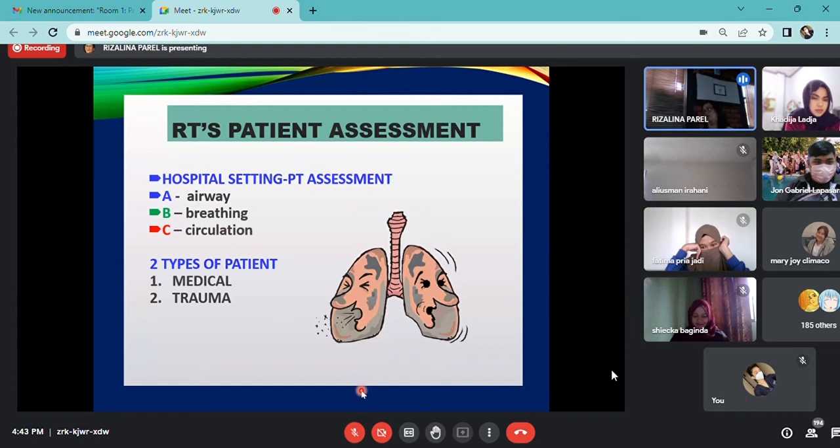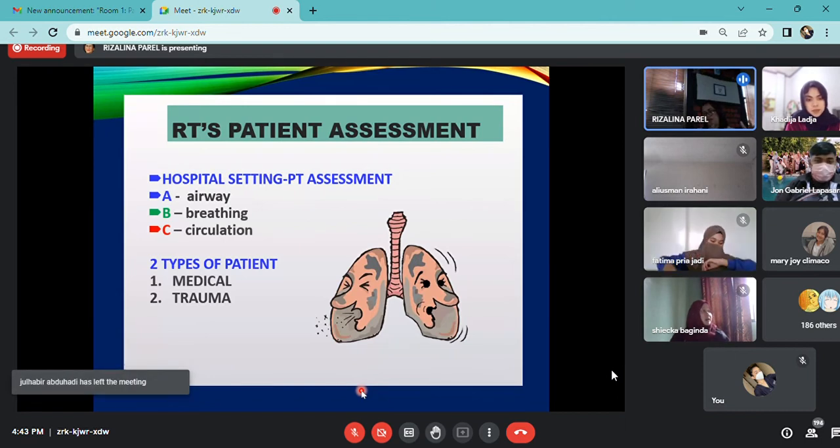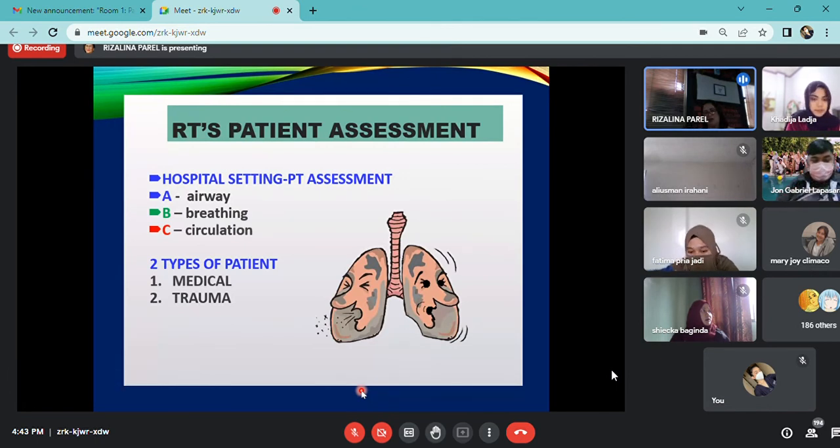Okay? So aside from the rate, the pattern, and the depth, yung lalim ng kanyang paghinga. Okay? And chine-check natin para dun sa patterns of breathing, yung kanyang eupnea ba? Okay? Biot's, Cheyne-Stokes, etc. Okay? So that is for breathing. And then, followed by circulation.